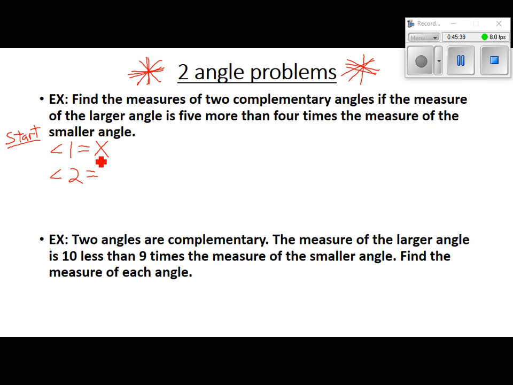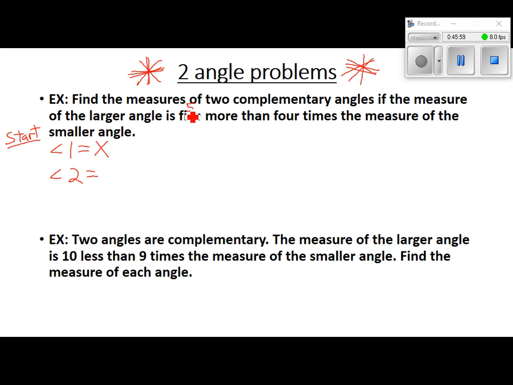Now, angle 2, they explained something to us, right? They gave us some words there. What does it say about angle 2? It's 5 more than 4 times the other angle, right? What does 5 more than tell us to write down? Plus 5.